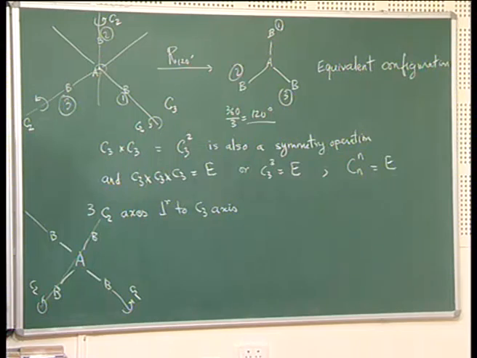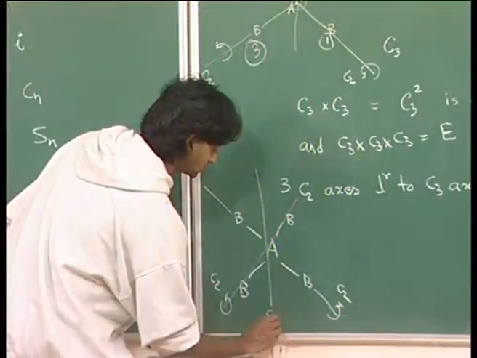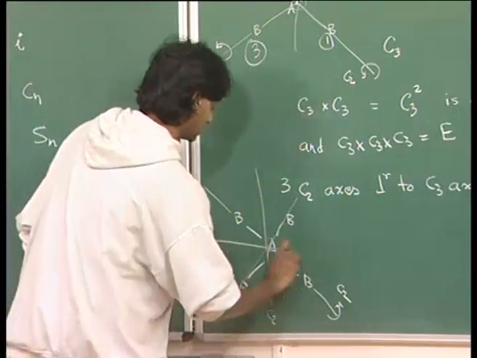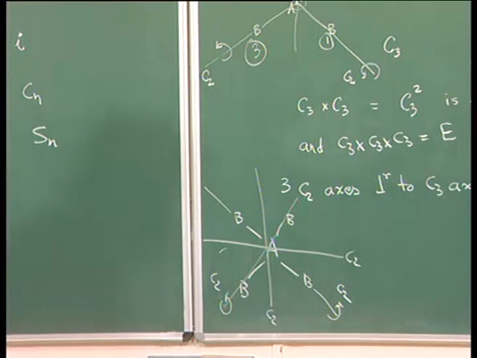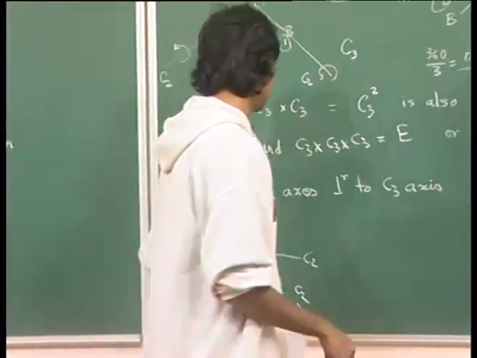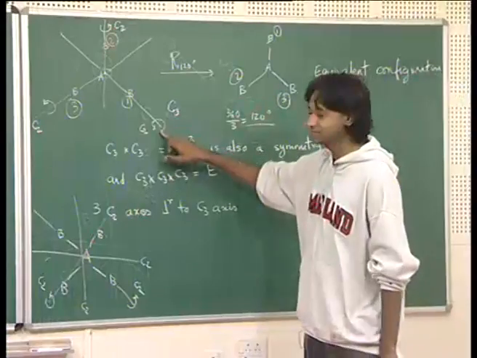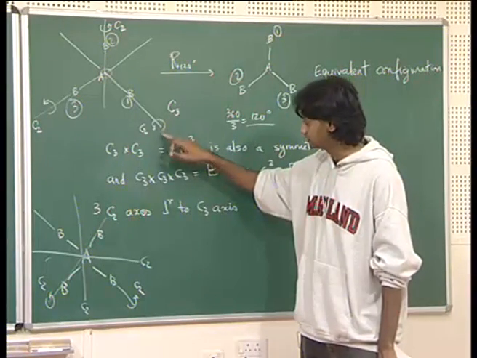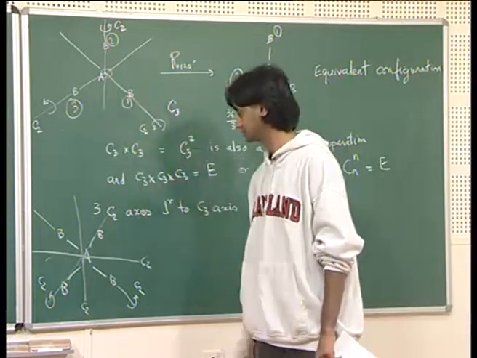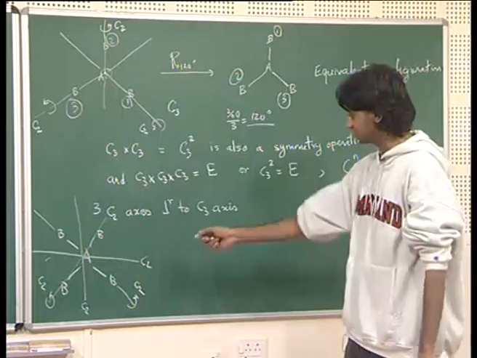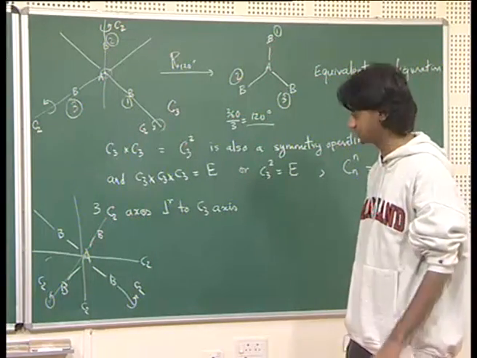Similarly, you can have another C2 axis like this and another C2 axis like this. So the point is that the fact that we had a C3 axis allowed us to generate 3 C2 axes, and in this case the fact that we had a C4 allowed us to generate 4 C2 axes.